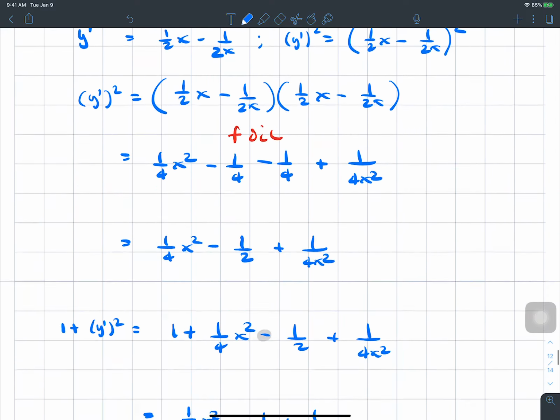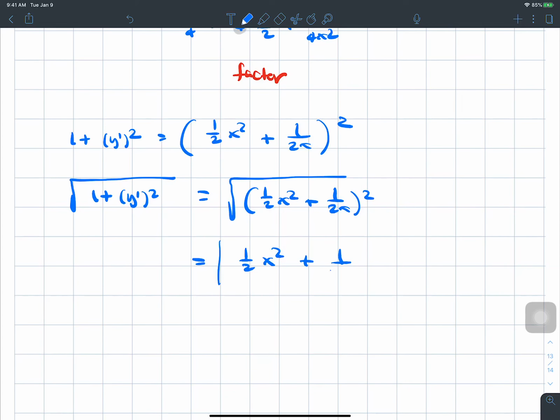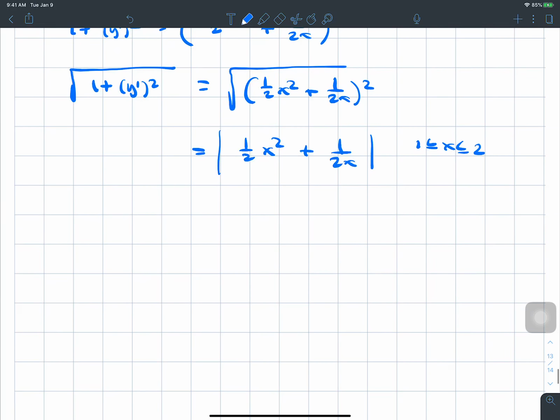And you want the square root of that. Now remember, these are for values of x that are between 1 and 2. And that gives you the following. 1/2 x squared plus 1 over 2x.